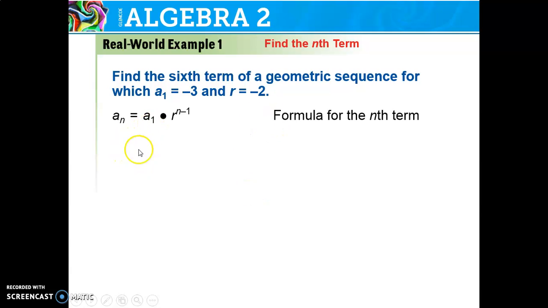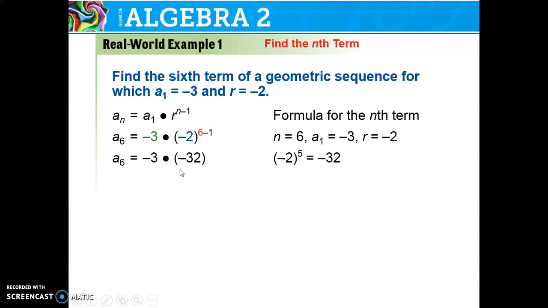If we apply the formula, the first term is -3, the ratio is -2, notice that's in parentheses, and we're looking for the sixth term, so we do the 6 minus 1 power. We can then calculate that using a calculator or using our math skills, and we end up with the sixth term being 96. It's very helpful if you want to find a term that's way down the line.